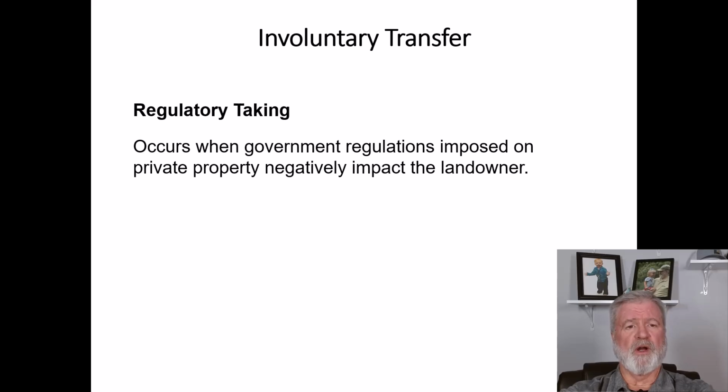But regulatory taking occurs when the government regulations imposed on the private property negatively impact the landowner. What they're talking about here is maybe the government does not take the property like through eminent domain, but they put so many restrictions and regulations that they've imposed that now all of a sudden the owner can't do anything with the property.